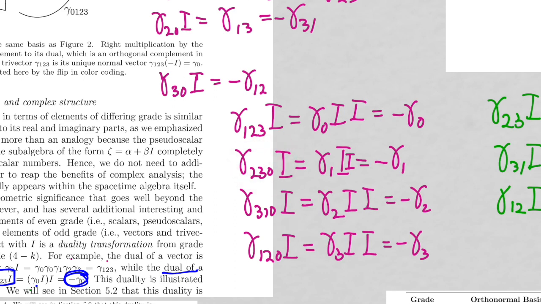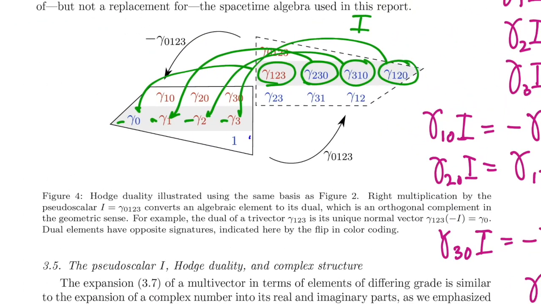So the dual of gamma 230 is the dual of gamma 1 times I, which is the dual of gamma 1, right? But the dual of the dual is minus gamma 1 in this case. The dual of 310 is minus gamma 2. The dual of 120 is minus gamma 3. So these guys come in, their dual has a minus sign over here.